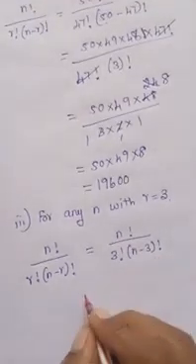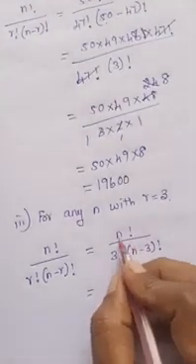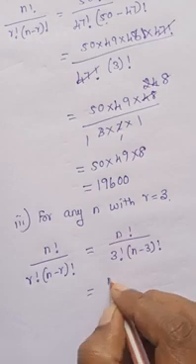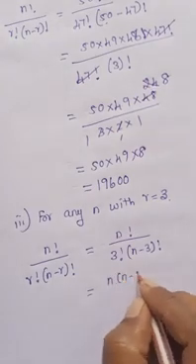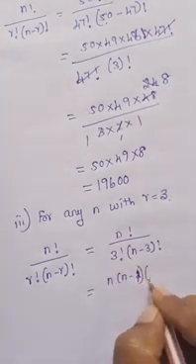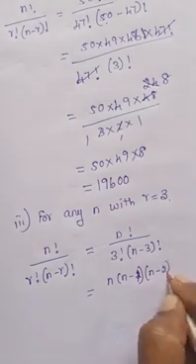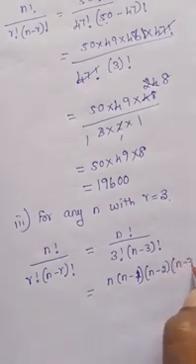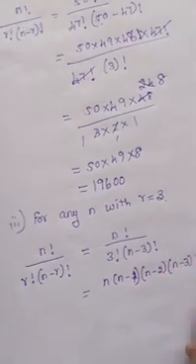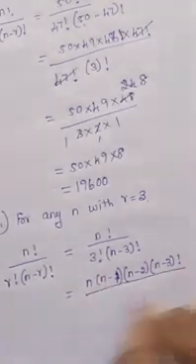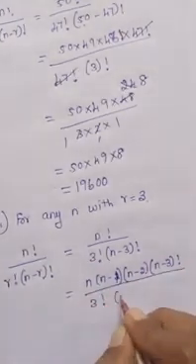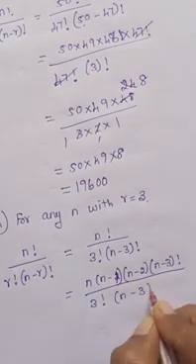Is it not? See, this n factorial, we know, is n into n minus 1 into n minus 2 into n minus 3 factorial, divided by 3 factorial into n minus 3 factorial.